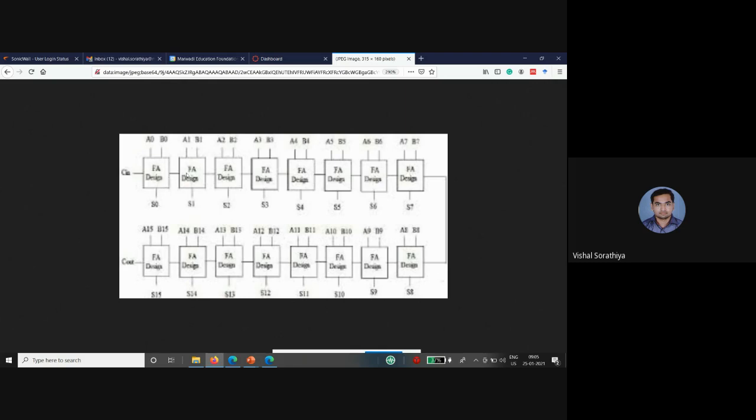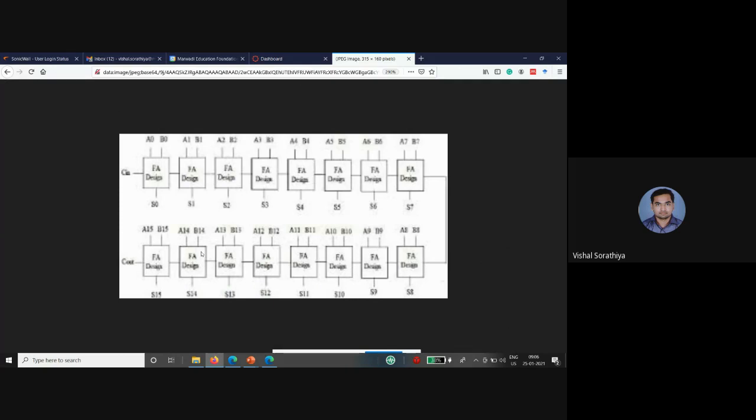Whatever the carry out is, it goes to the second full adder, then again A1, B1 and full adding gives S1. You do the same thing: first you add both inputs, you add the carry, and whatever result is generated is S0, and the carry you forward to the next. So this is simple: if you have written such an arrangement of 16 blocks, using a full adder 16 times and generating this complete block diagram, that is the first possible answer.